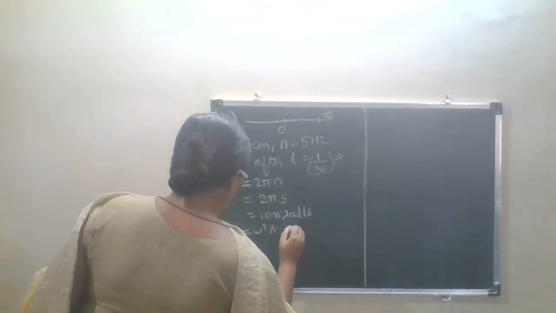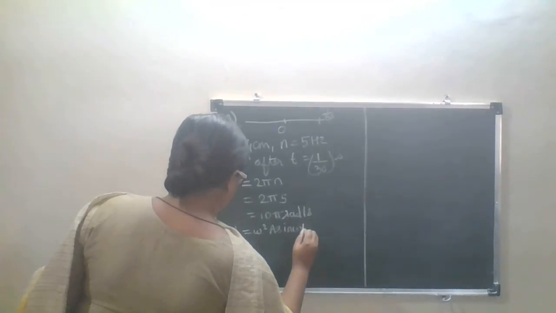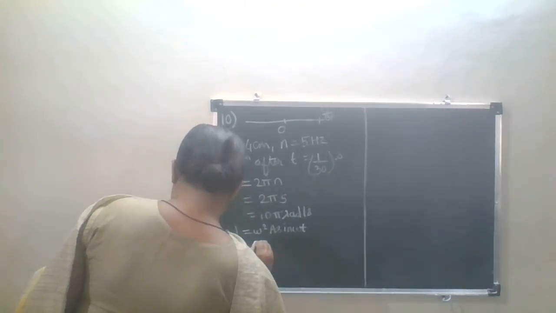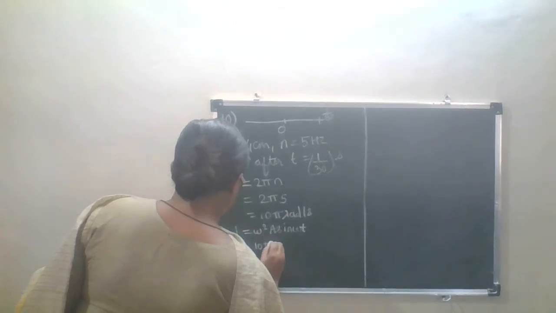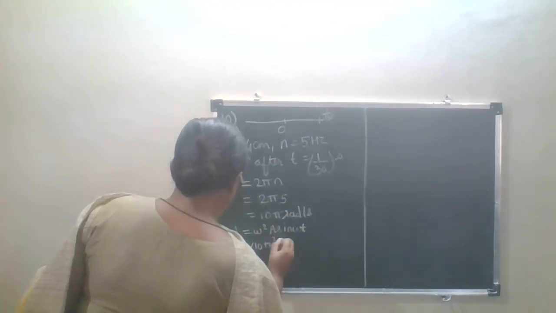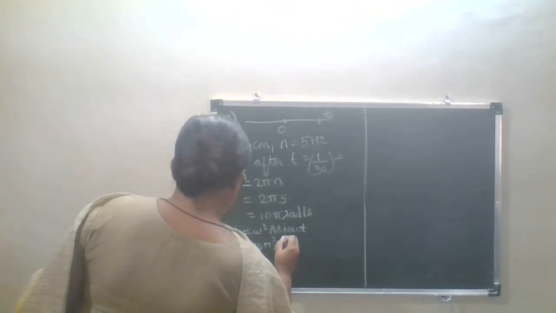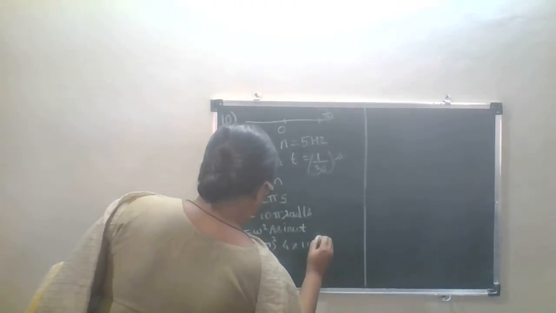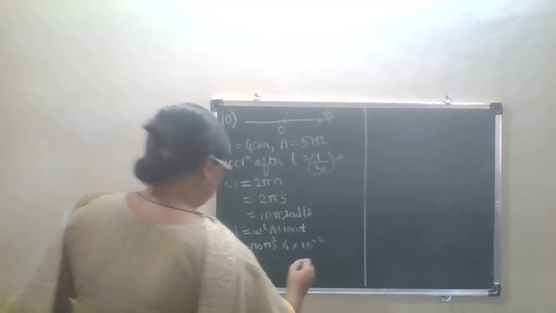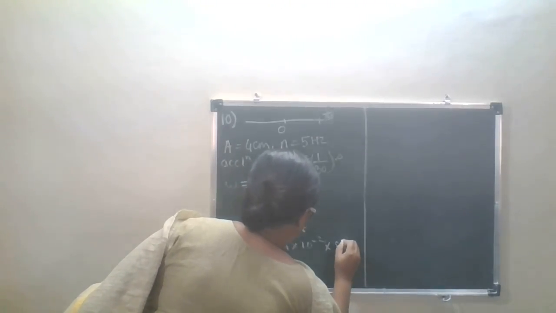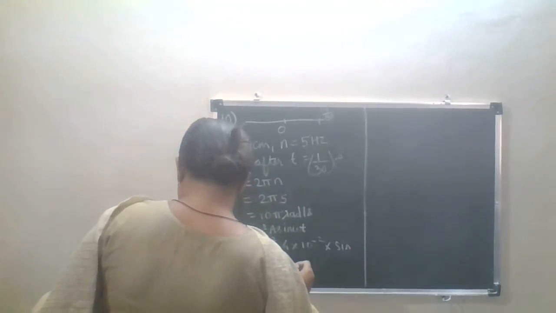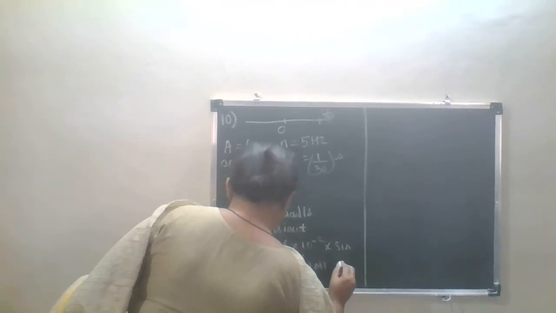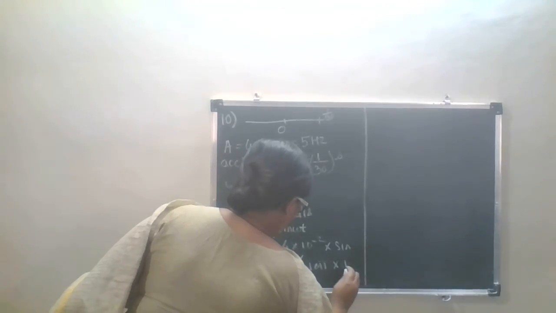This is equal to 10 pi whole square into 4 into 10 raised to minus 2 into sine of 10 pi into 1 upon 30.